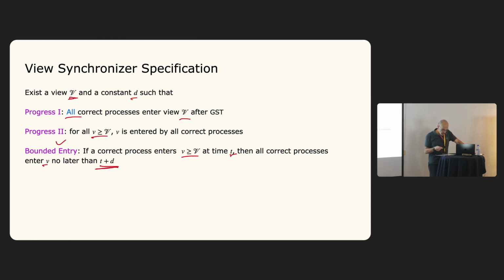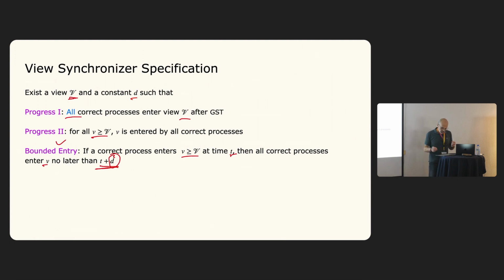Bounded entry essentially captures the idea that we have seen that there might be a discrepancy in time at which different processes enter the same round or same view. This discrepancy depends on the round synchronization protocol. For the crash fault-tolerant protocol, it's going to be 2 delta, and maybe for other protocols it can be something else.